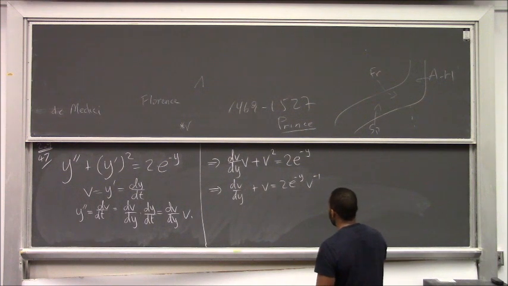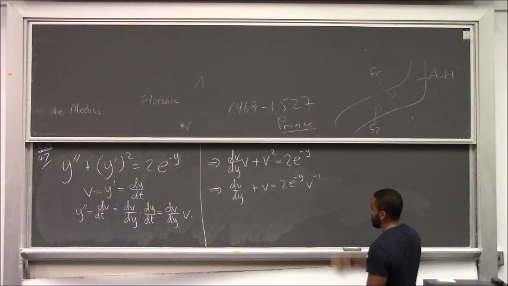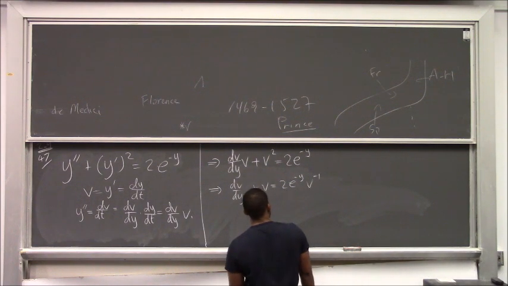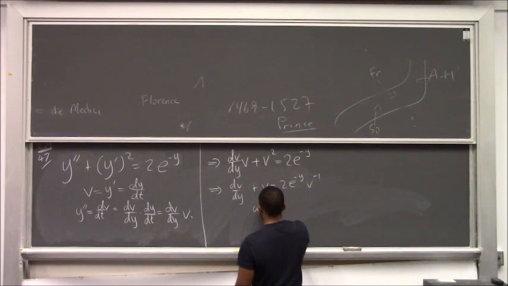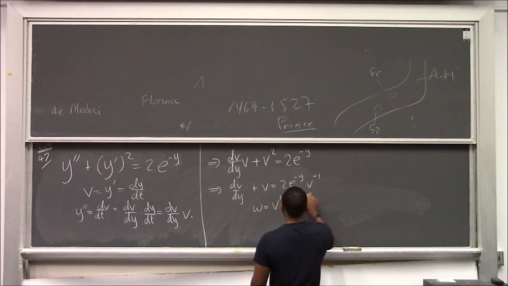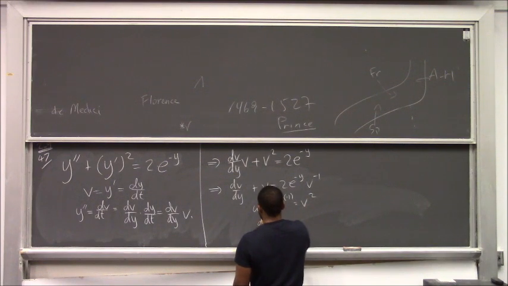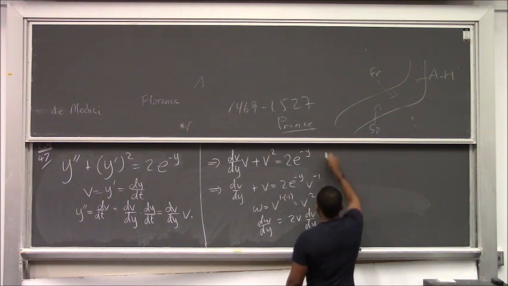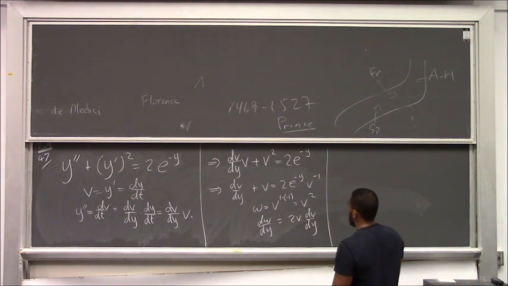Yeah, so this thing ended up Bernoulli with n equals -1. As long as n is not 0 or 1, it's Bernoulli. And so we did another change of variable, which was w equals v to the 1 minus n. So our dw/dy is going to be 2v dv/dy. And so we plug that guy in.